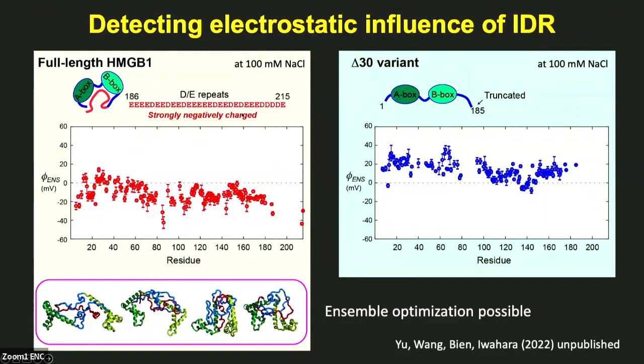As you can see here, just like what we saw for the Antennapedia DNA complex, due to the strong negative charge of the C-terminal tail, we see quite a drastic shift of the electrostatic potentials around the DNA binding domains. So this is really showing the electrostatic influence of the C-terminal tail. So in principle, we can use this methodology to get a reasonable ensemble for a highly dynamic system like this one.